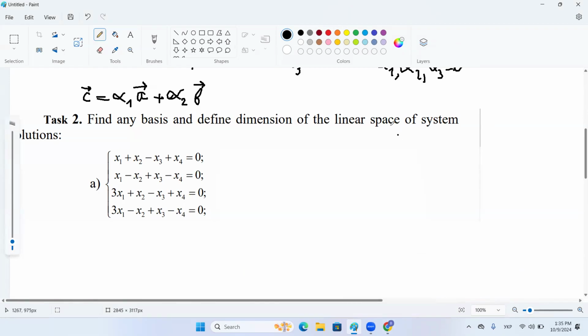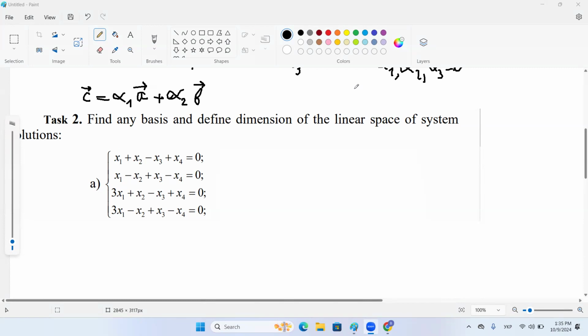We see that it's a homogeneous system of equations. You have already practiced with it. You know how to solve them.